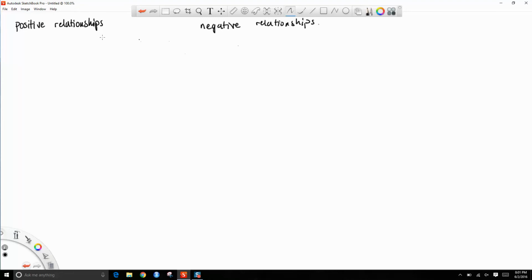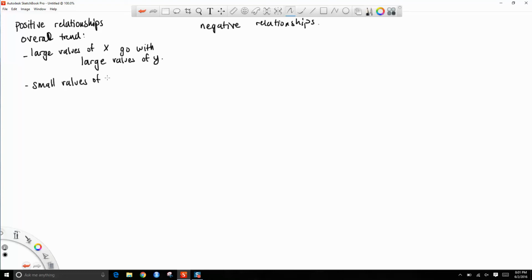Okay, and these are just overall. So for positive relationships, the overall trend is large values of x go with large values of y, and the overall trend is also that small values of x go with small y.